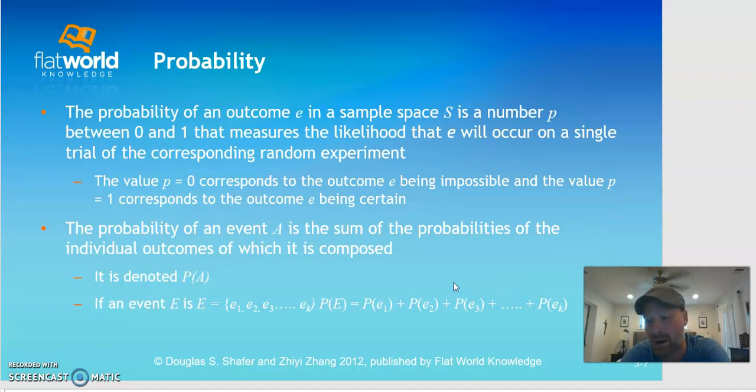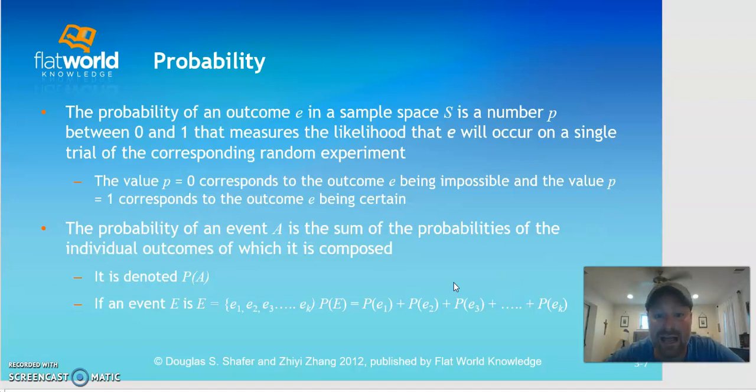So when we're talking about probability, it's either 100% probability that an event will occur, which would be representative of 1, or it could be 0%, there's no possible way it could happen, or it could be anywhere in the middle from 0 to 1, right? 0 to 1 would be those decimals, and we can always convert decimals to percents. So the value P equals 0 corresponds to the outcome E being impossible, and the value P equaling 1 corresponds to the outcome E being certain.